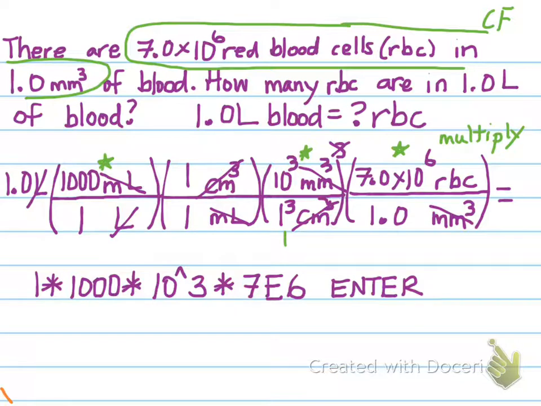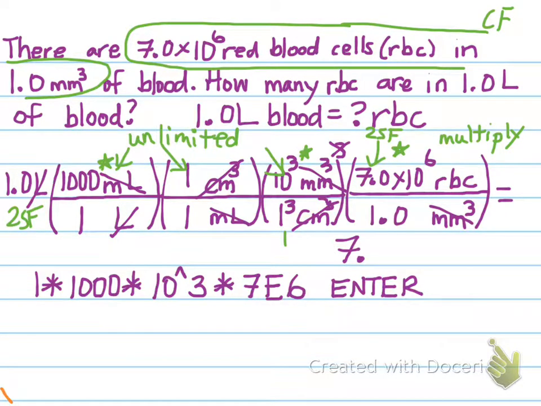And your calculator should give you an answer of 7 point, and again, notice here we should have 2 sig figs. This is a definition and has unlimited significant figures, so none of those are going to limit my significant figures. And notice this also has 2 significant figures.